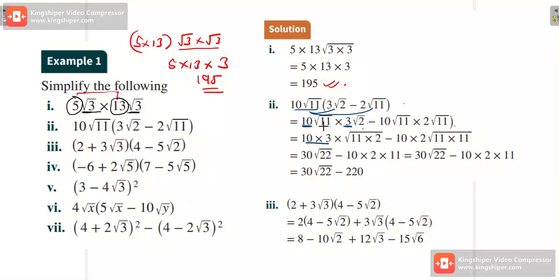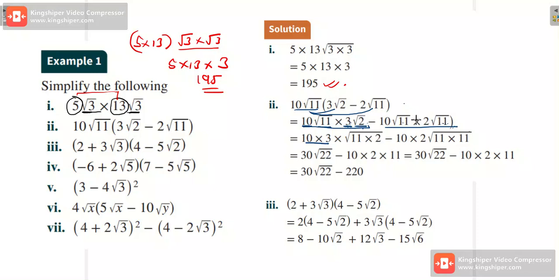Then the surd part, which is root of 11 and root of 2, we also multiply to get root of 11 times 2. So we are done with this part. Then we bring our minus sign here, and come to this part. Here the surds are the same, root of 11, root of 11.